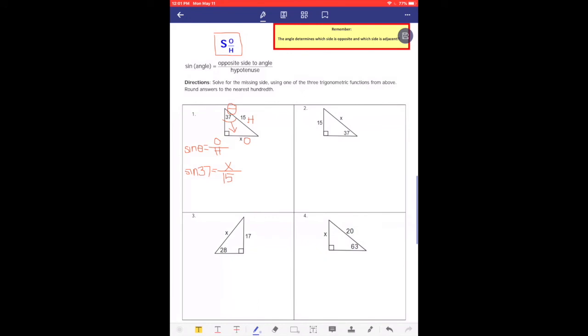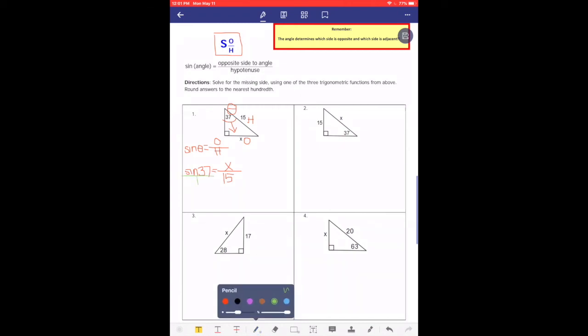So remember here, I'm trying to solve for x. Probably the easiest way that you could do this is that you would set this up as a proportion. So if I make this a proportion, I'm going to make this sine 37 over 1. And now I have two fractions that are equal to each other. Remember, to solve for two fractions that are equal to each other, proportion, we simply cross multiply.